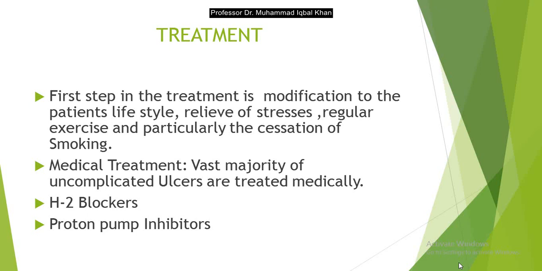So these two antibiotics should be added along with the PPI, H2 blockers, and bismuth salicylates for 10 to 14 days. This triple therapy is most of the time almost 85 to 95% effective in eradicating H. pylori.